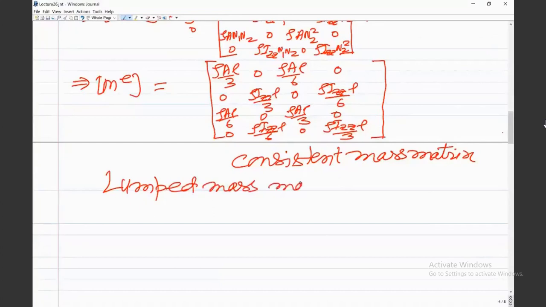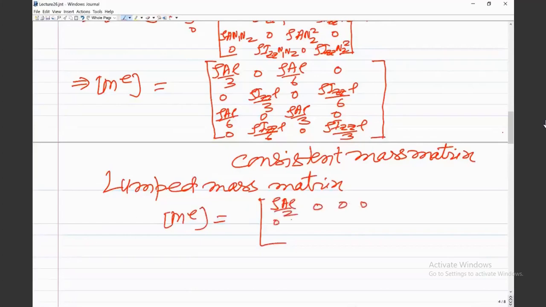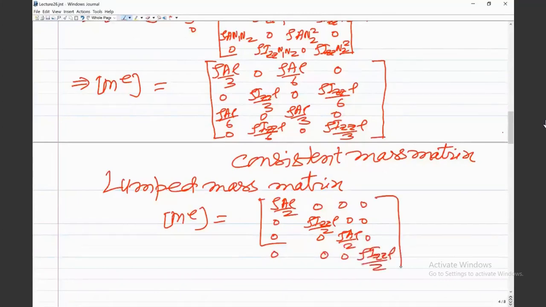So the lumped mass matrix, again denoted by ME, would be simply rho AL by 2, 0, 0, 0, and rho Izz L by 2, 0, 0, 0, 0, rho AL by 2, 0, and then we will have 0, 0, 0, rho Izz L by 2. So this will be the lumped mass matrix.